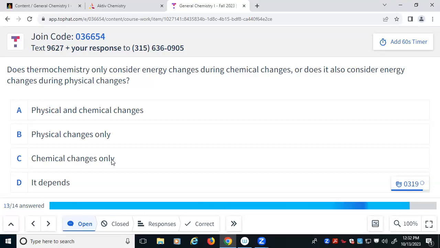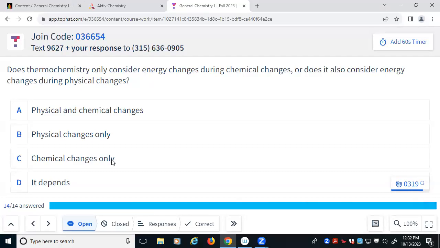Let me frame it this way. If I'm looking at a phase change, which is an example of a physical change, is heat being exchanged during a physical change? Absolutely. If I go to boil water, I'm going to need to add some heat to it because water's not going to boil just by slapping it down on the table here and saying, boil.